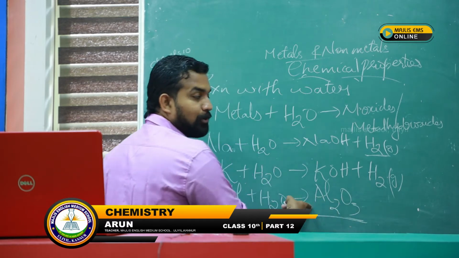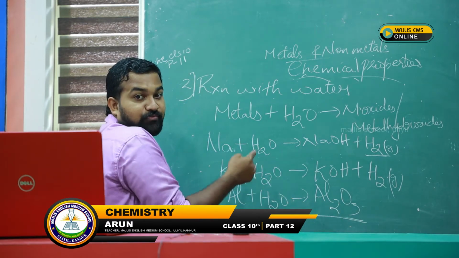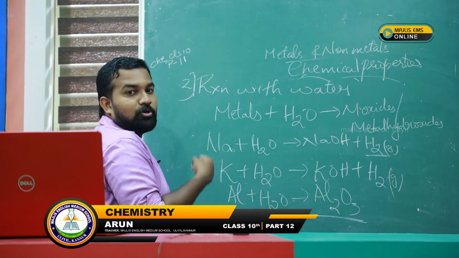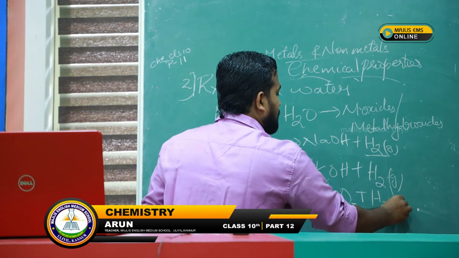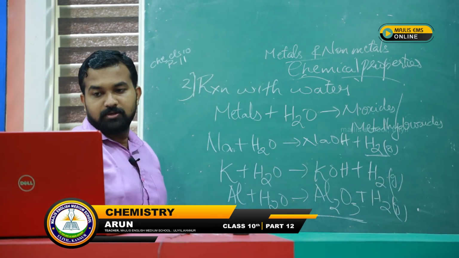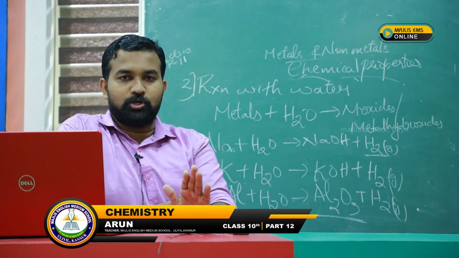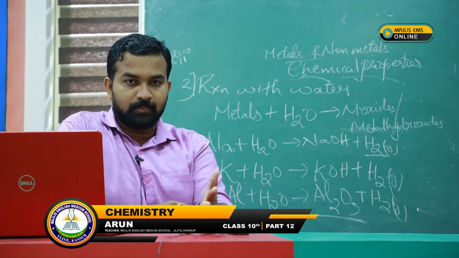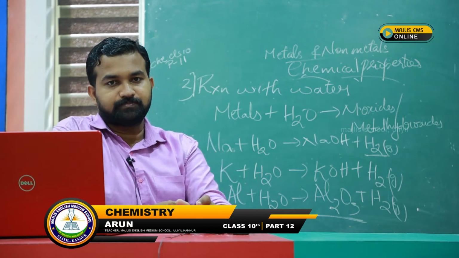Have you heard of this one? What type of metal oxide is it? They are amphoteric oxides. They can have both basic character as well as acidic character, plus hydrogen gas. Clear? So, metals, when reacting with water, can form metal oxides as well as metal hydroxides.